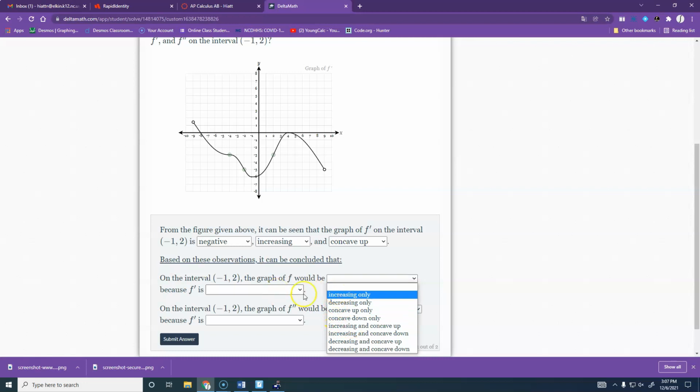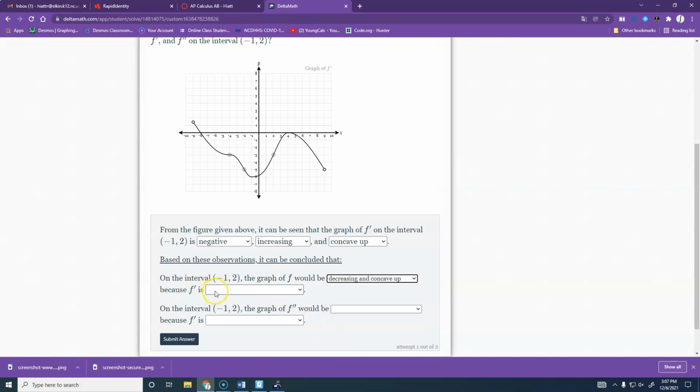All right, so here we're talking about negative. If our derivative is negative, what's that tell us? If our first derivative is negative, then our function is decreasing. And I know that this first derivative is increasing. What does that tell me? Concave up. So I need to say that this is decreasing and concave up.